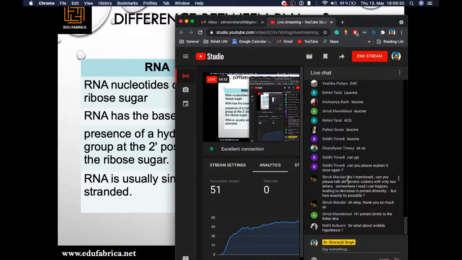This two base pairing thing in the Wobble hypothesis might create some problem actually for the tRNA, because Francis Crick proposed this wobble hypothesis, even though they discovered that mainly three base pairing is being done.